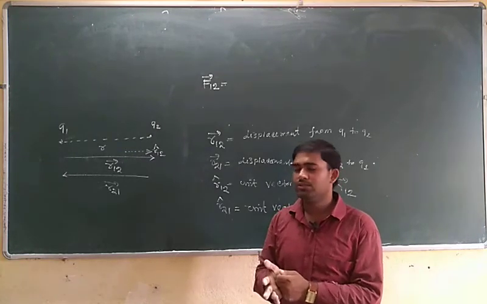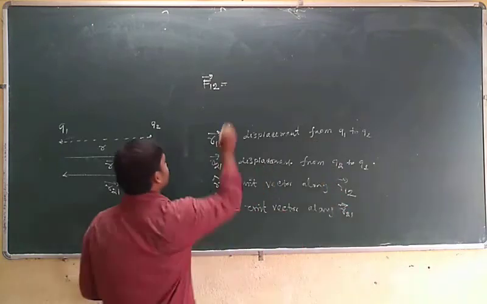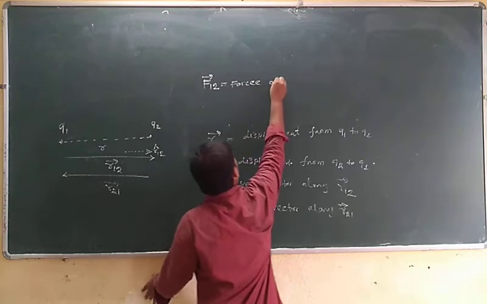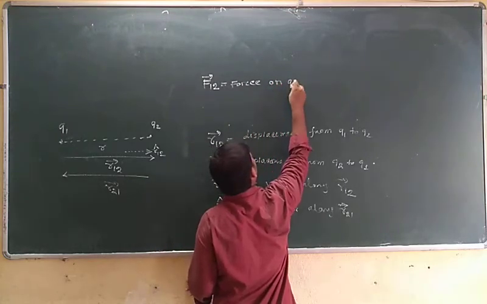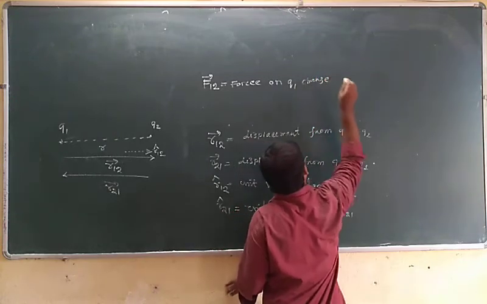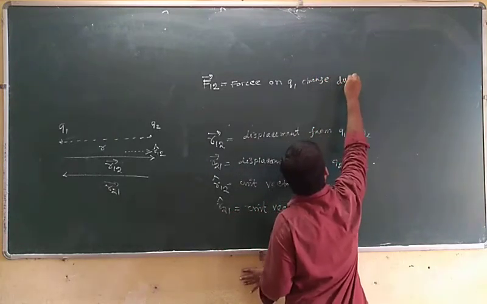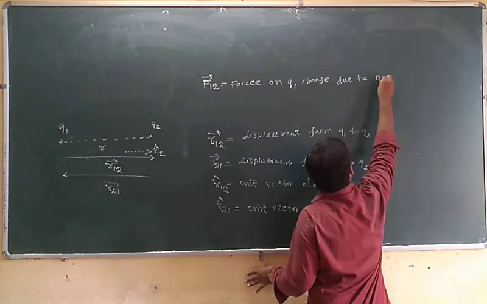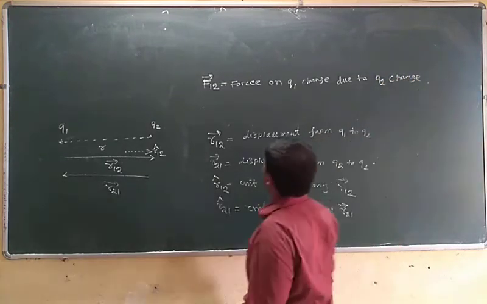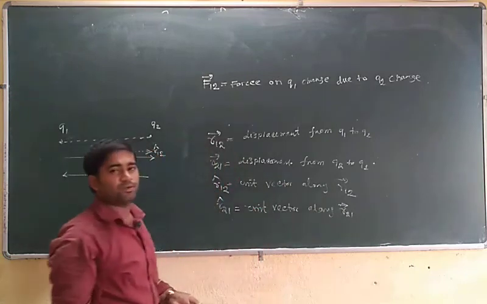That means F12 vector is the force on q1 charge due to q2 charge.